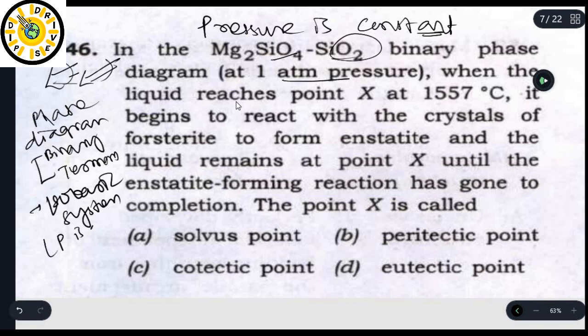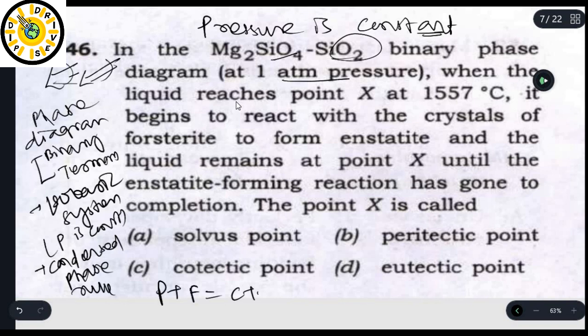So pressure is constant here, that's why we apply the condensed phase rule. Don't be confused: P plus F equals C plus 1. This is called the modified phase rule or condensed phase rule.